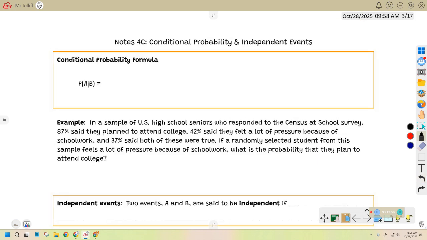So, the formula for probability when it's conditional: P(A|B) is P(A and B) over P(B). Probability of both over probability of the condition.